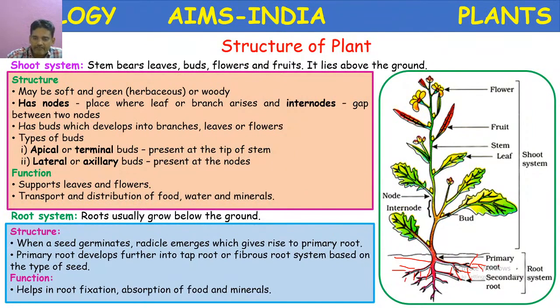Another very important function of the root system is that it absorbs water and food materials and supplies them to the stem, from where they are supplied to all parts of the plant. This is the root system. So any doubts? Let us proceed to the next slide.